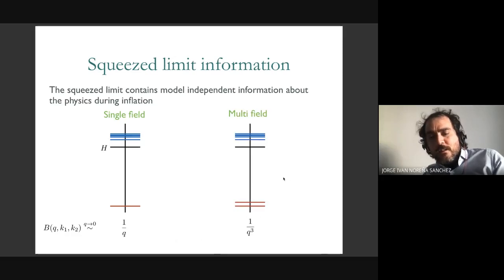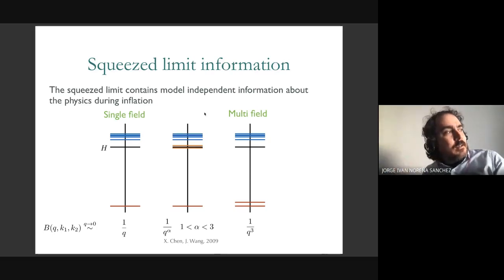Instead, if it's multi-field or even some intermediate behaviors, it can have a stronger behavior. So in a very model-independent way, we can look for this divergence, and if we find it, we have detected new particles. We have detected new physics. So that's very interesting. And notice that I'm insisting on the divergence because that's the model-independent part.